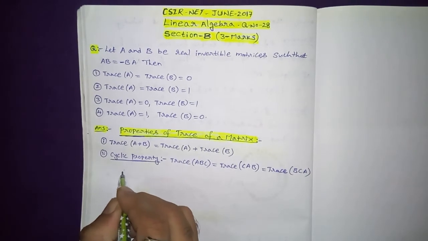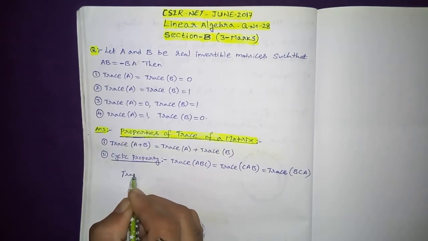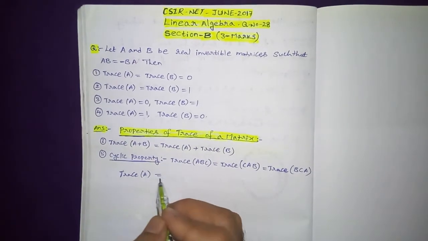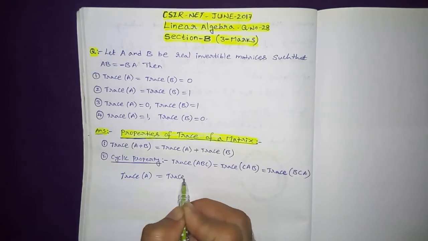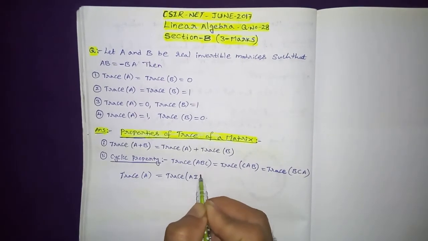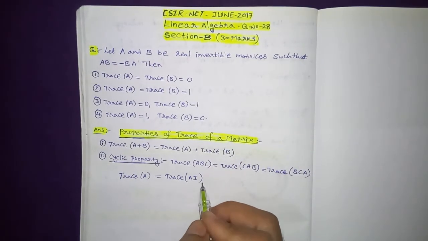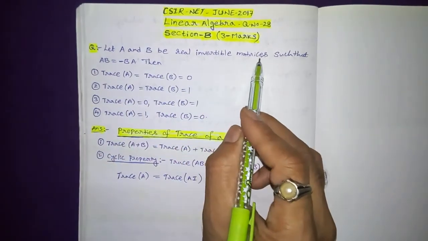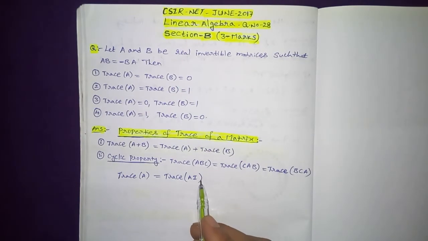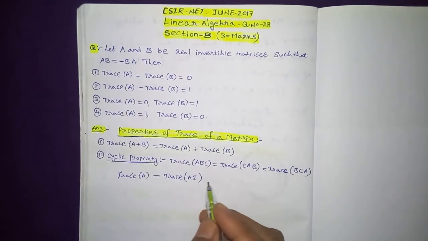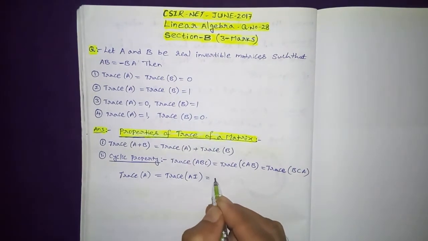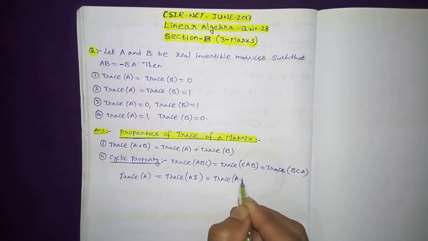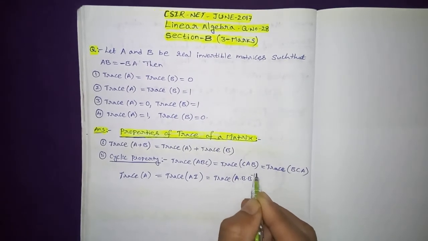So trace of A is equal to trace of A into capital I, where I is an identity matrix. And in the problem it is given that A and B are real invertible matrices, so here I can be written as B into B inverse, because B is an invertible matrix. So this is trace of A into B inverse.